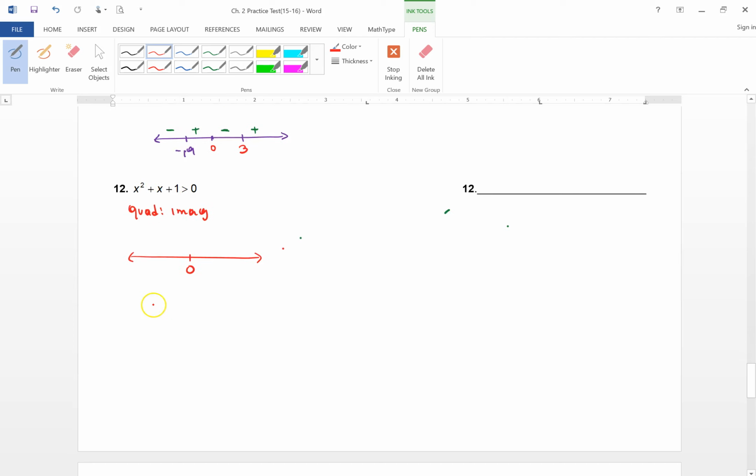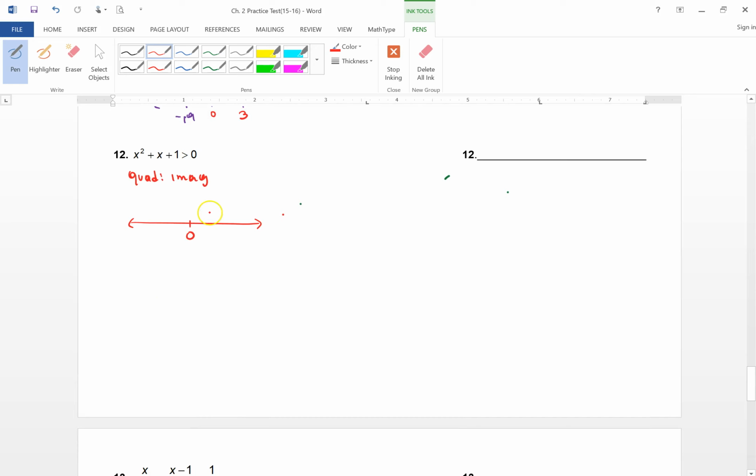Here, positive. If x is 0, it's positive. And the negatives, so this is positive everywhere. Now the question is asking you for numbers greater than 0, so it's all reals.